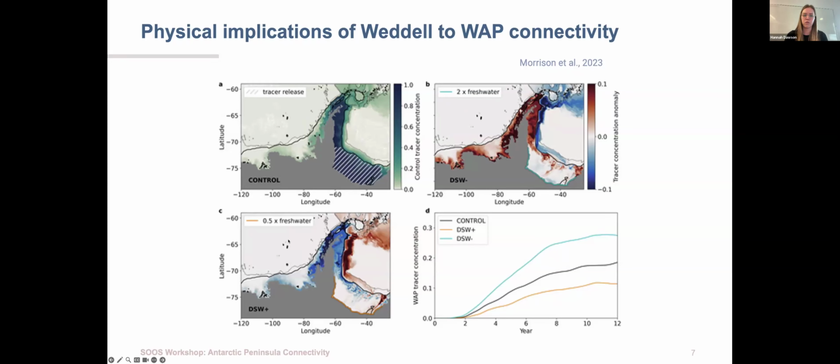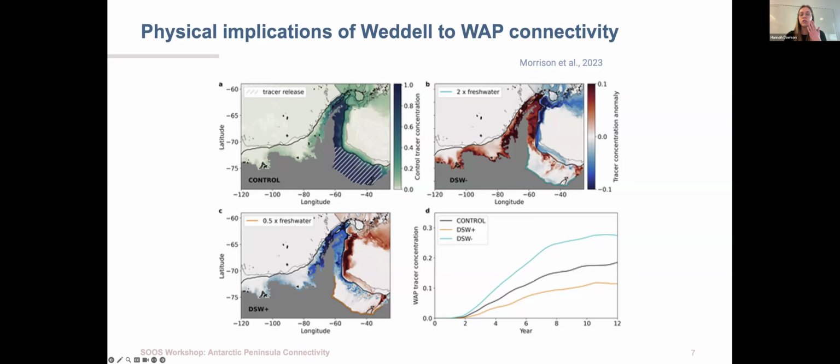Conversely, if you decrease your fresh water and you increase your dense shelf water production in the southern Weddell, you get more of this advection around the shelf, and you get warming on the Western Antarctic Peninsula because the offshore warm circumpolar deep water is playing a relatively larger or more important role. And so the study's demonstrating that, at least in the model world, dense shelf water production in the southern Weddell Sea can remotely drive substantial changes in shelf temperature along the Western Antarctic Peninsula via this connection.